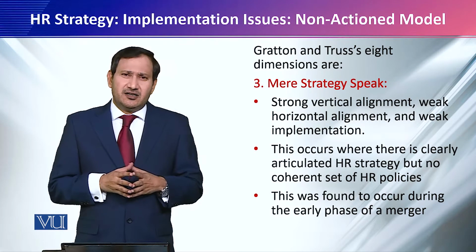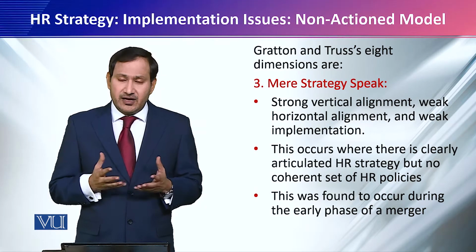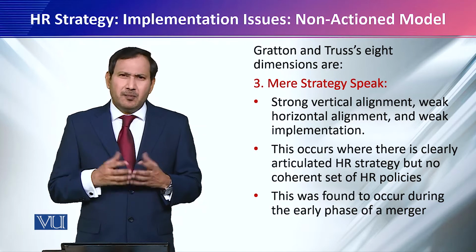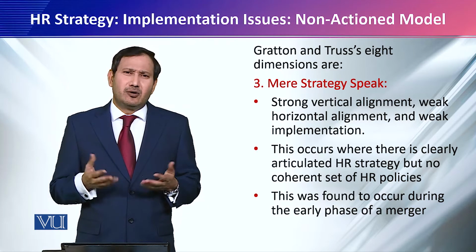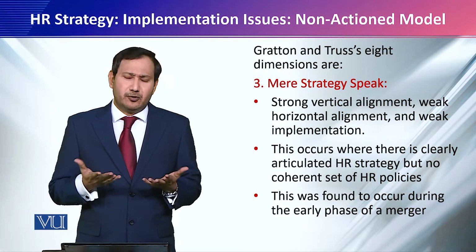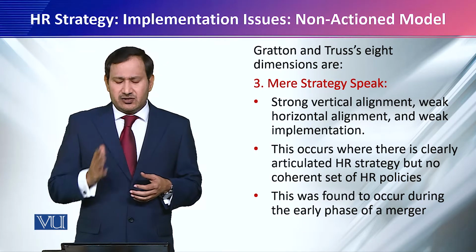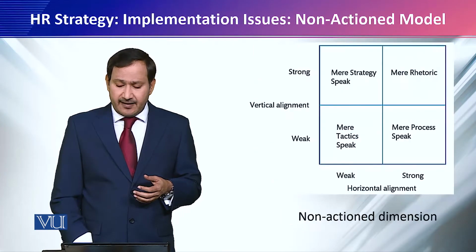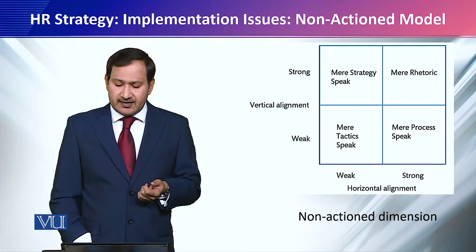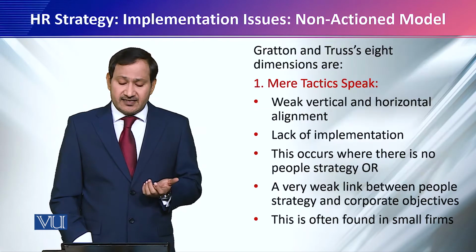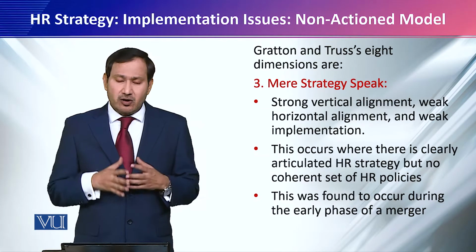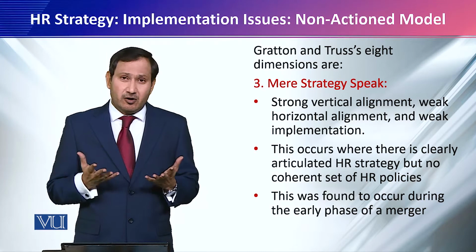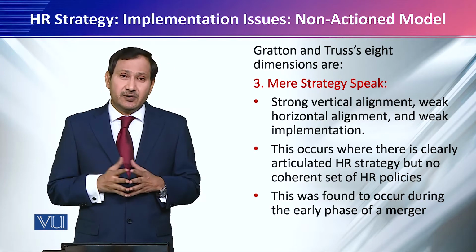If you look at the third issue in the non-action one, that is a mere strategy speak. Mere means when something is merely or hardly meeting what it is supposed to do. So mere strategy speak, if you look at the diagram, is on the right side. So it suggests strong vertical alignment, weak horizontal alignment, and weak implementation.